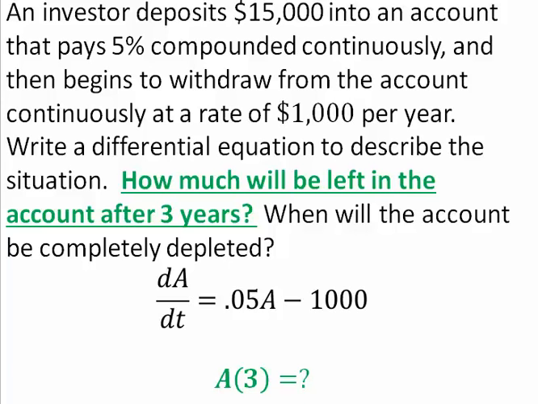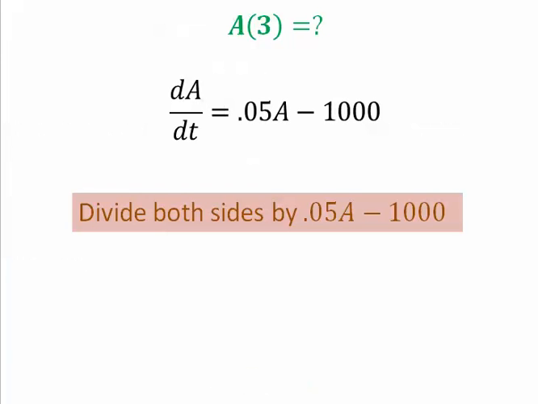How much will be left in the account after 3 years? What is the value of A at t equals 3? In order to find that, we have to solve our differential equation.